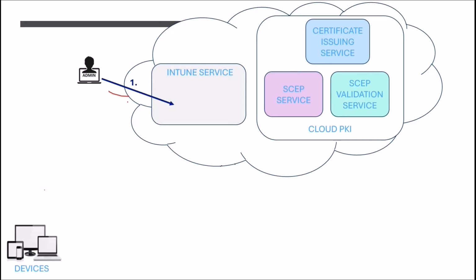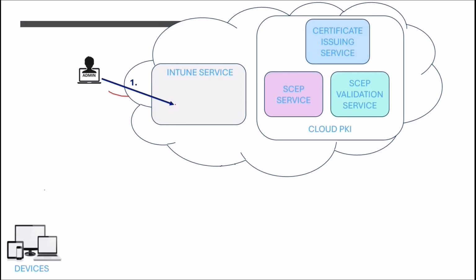He has created the SCEP profile and assigned it. Once the admin assigns the SCEP profile, a couple of things happen under the hood. The first thing is that the Intune service is going to evaluate the effective group membership.